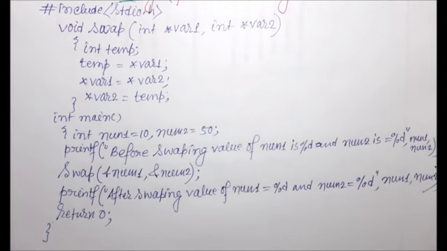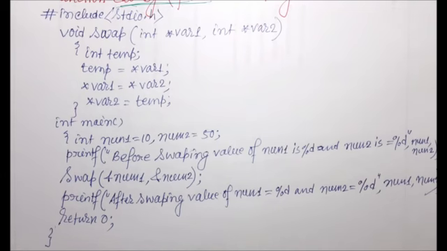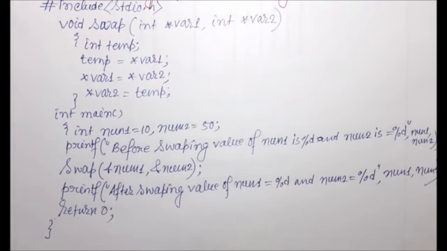Even if you are asked to write a program to pass a pointer to a function, the answer can be given from this example also. We already know the swapping logic, so I'm not taking too much time to explain it. Swap means interchange the values of two variables.